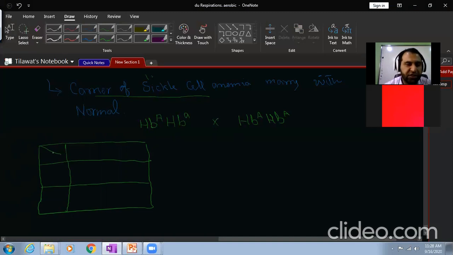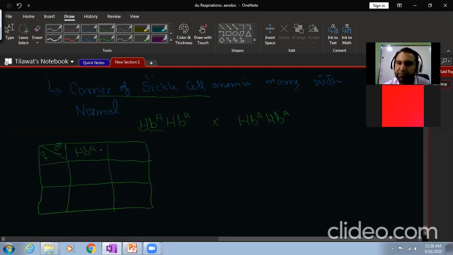On one side mention male, on the other side female. From this, let's suppose if a person gets this allele, definitely from this cell we're having two types of gametes that can form.